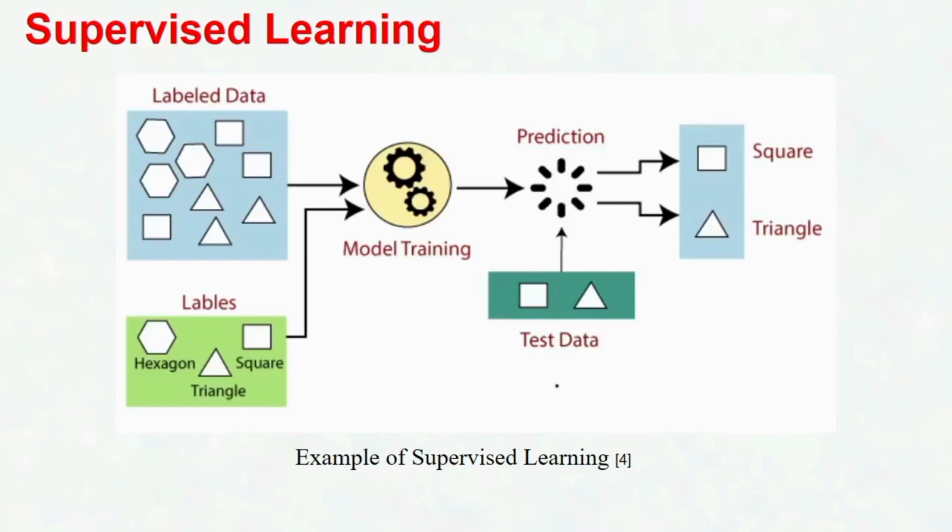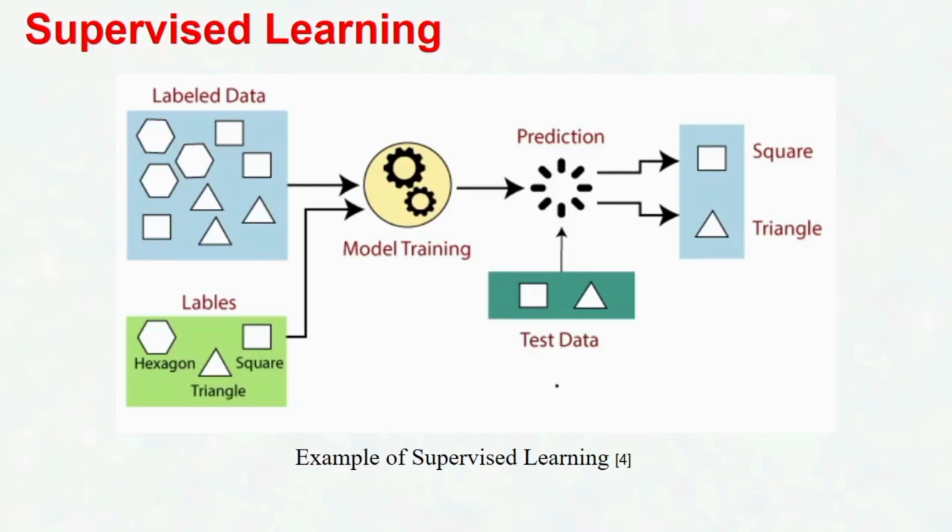For example, let us consider the shapes here. The data includes a hexagon, a square, a triangle, and the names of these shapes, which are called labels, are also given to the training model.